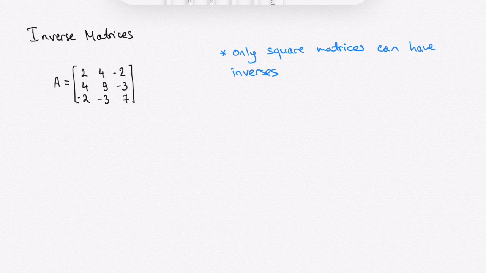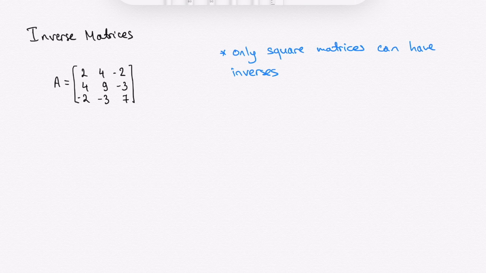Now, what do we mean by an inverse? Well, remember that we said that matrices act. Then the inverse of a matrix would somehow have to undo that action of the matrix. We've already seen this matrix in previous videos. Let's do one step of elimination.